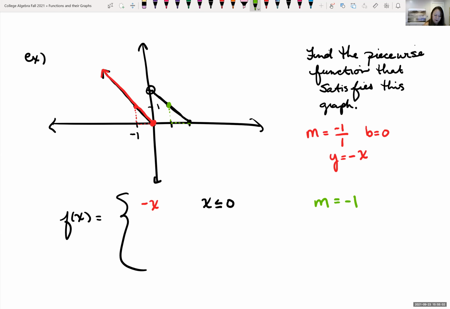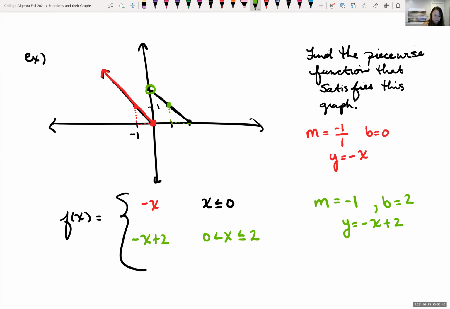My b value, where it would be crossing the y-intercept, is at 2. So my equation for this piece is y equals -x plus 2. But I have to be careful in what values of x we're including for that equation. It has to be bigger than 0, and it has to be less than or equal to 2.